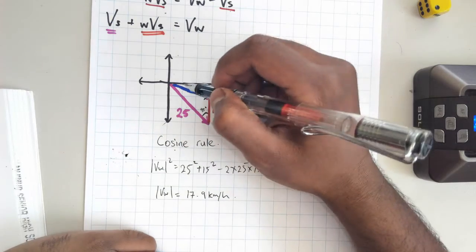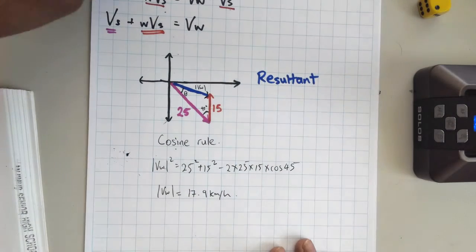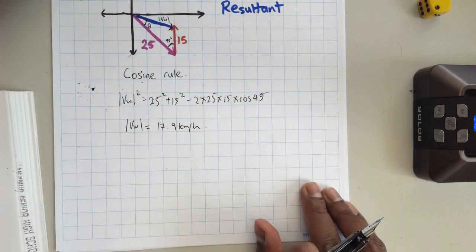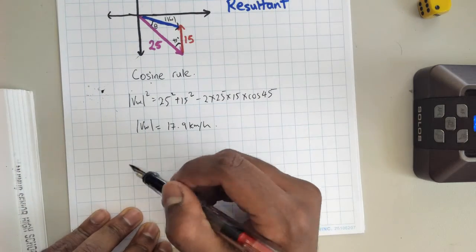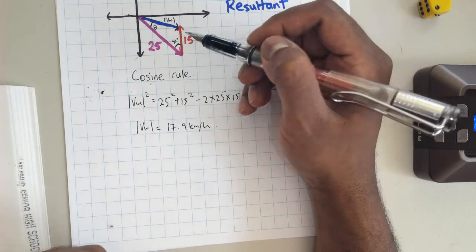Let's go ahead and find that angle first. Okay, let's call that theta, as you do. All right, so we've got an angle there. We got two known values there.